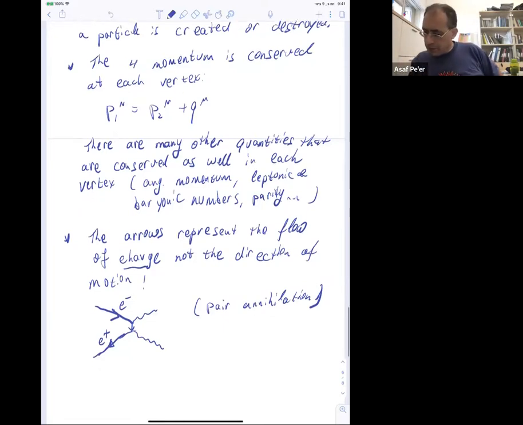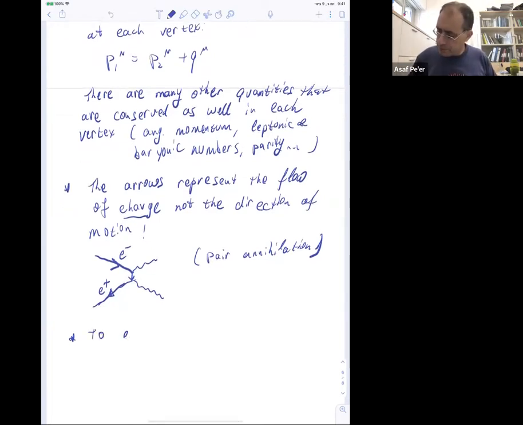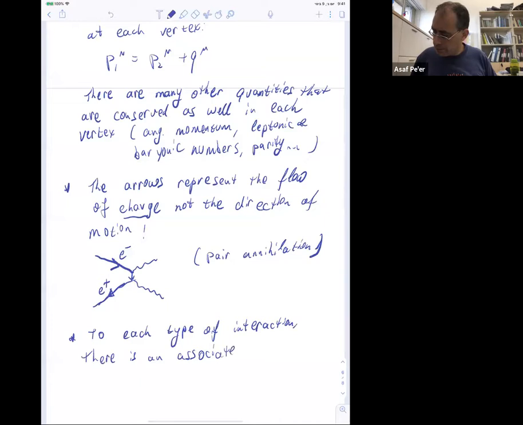And then for the calculation, to each type of interaction there is an associated coupling constant.